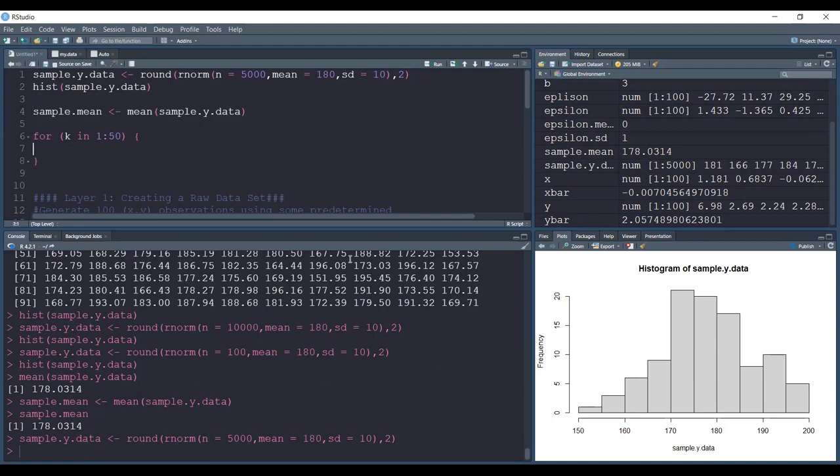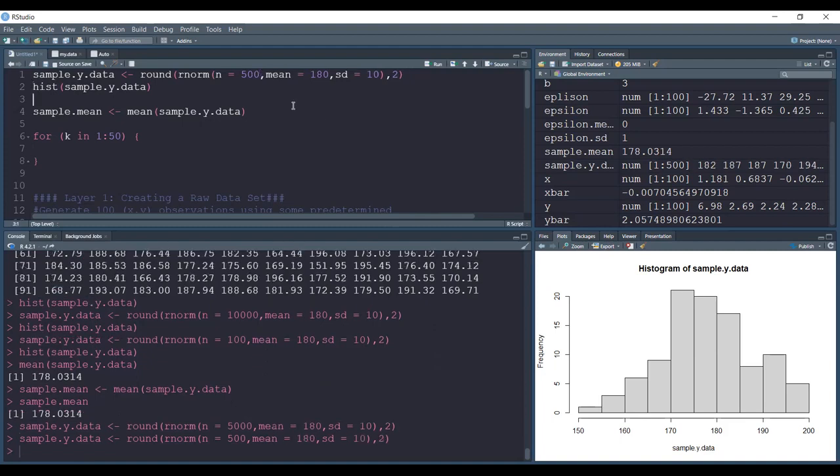And then only take... I think I wanted 500, right? Not 5,000. And then only take the first 100... No, it was 5,000, right? Because I'm saying we'd have 50 data sets, and there are 100 observations in each data set.